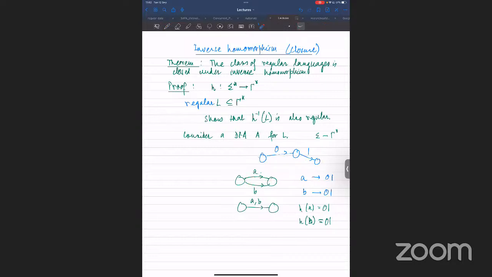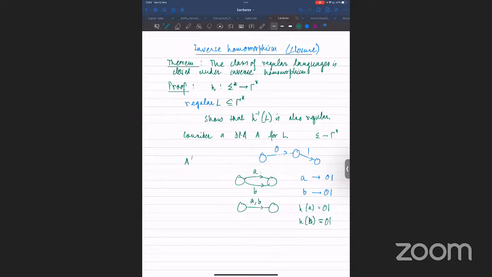So the idea is that you construct the DFA A, right? Consider a DFA A for L. And the DFA A can have certain transitions. And you are going to construct another DFA, which is A prime, which is going to simulate the transitions here.